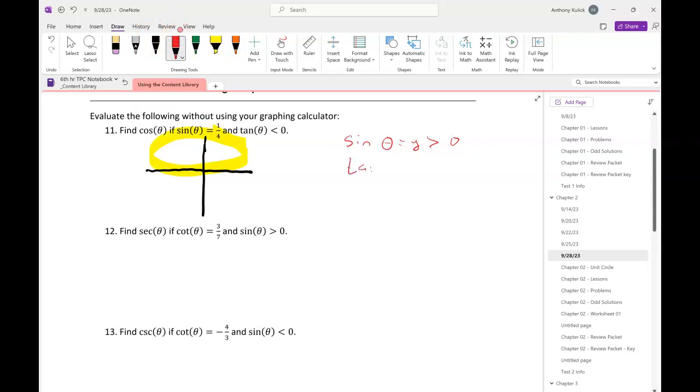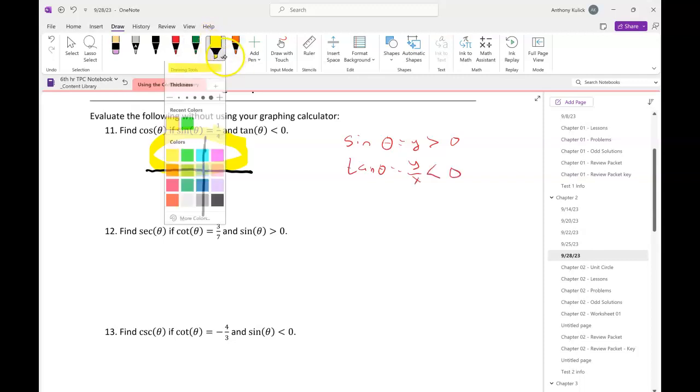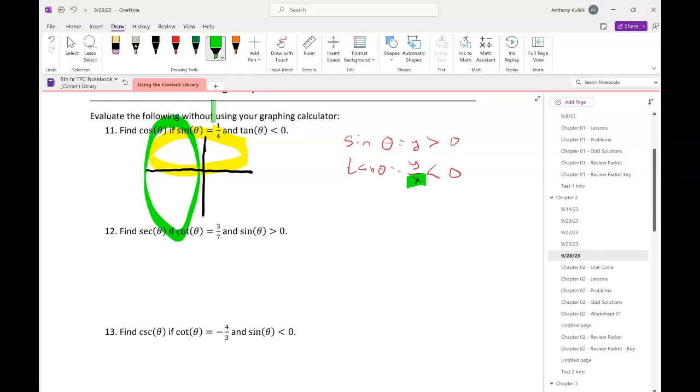We're told tan theta, which I know is y over x, is negative. If y is positive, that tells me that x has to be the negative part. So I'm looking then at quadrants 3 and 4. What quadrant does theta actually have to lie in then? Quadrant 3. Great. Everybody's cool?